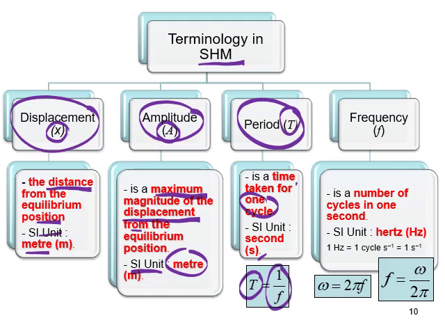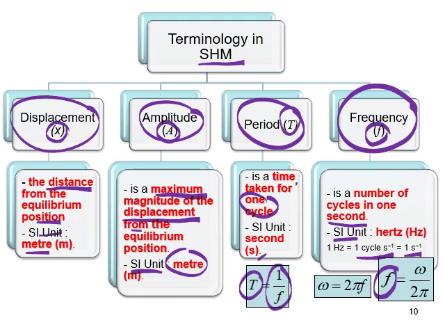f is frequency. The fourth one is frequency, symbol f, defined as the number of cycles in 1 second. SI unit Hertz or Hz. 1 Hertz is equal to 1 cycle per second and also equal to 1 per second.